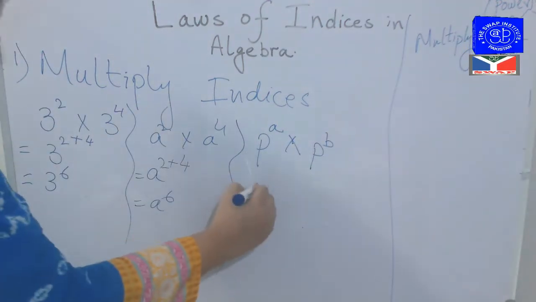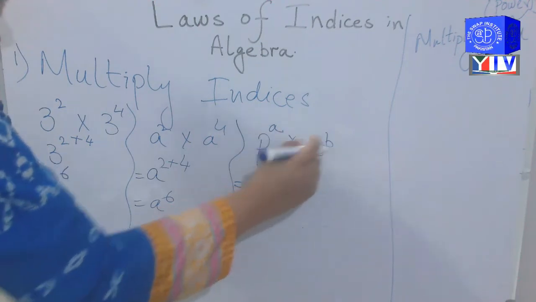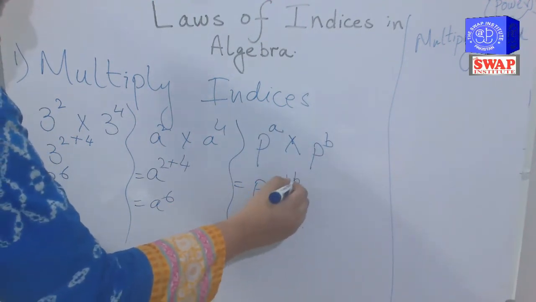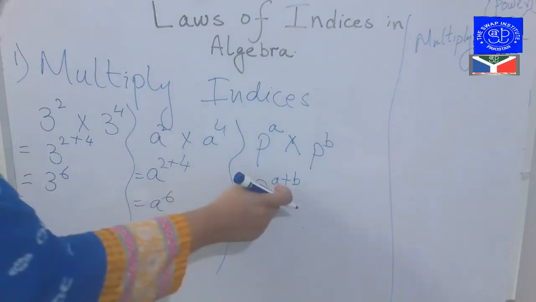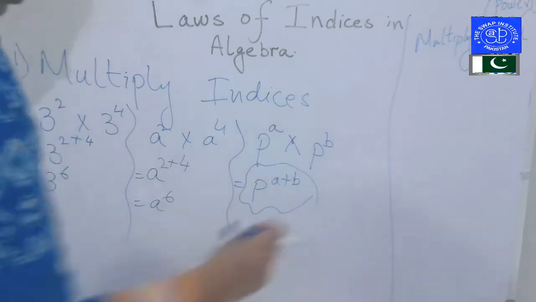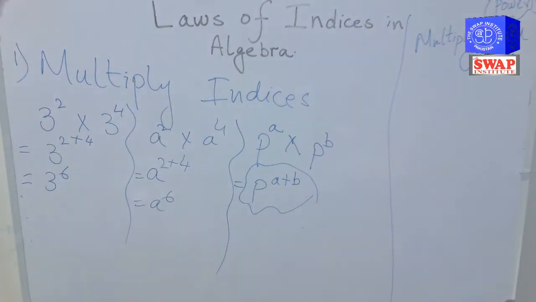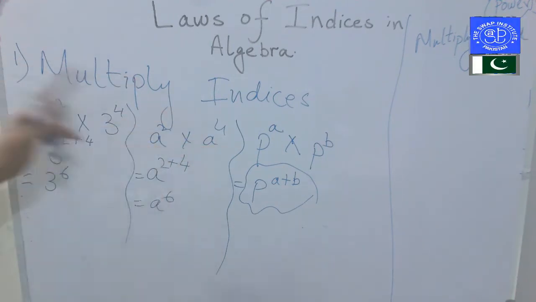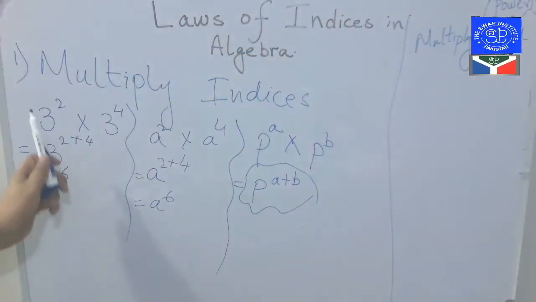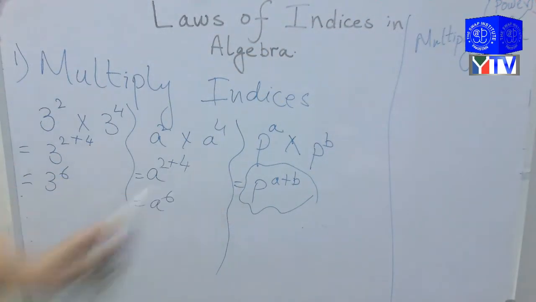The rule will be the same. I will add the powers, a plus b. It cannot be simplified further because I don't know what a and b are, so this will be the answer. Is it clear to you? That's good. So our first rule is multiplying indices, and when we multiply indices, we add the powers.